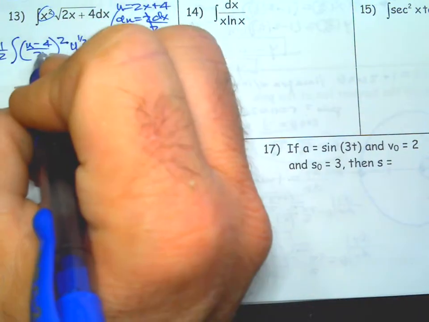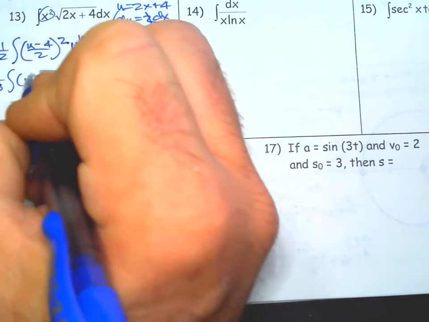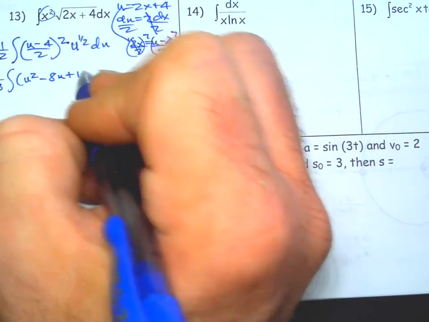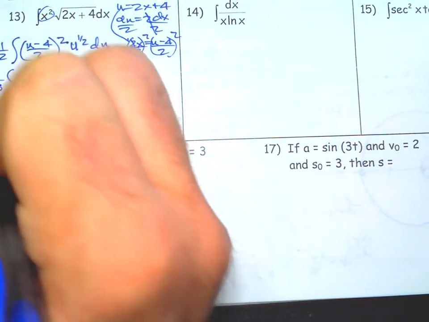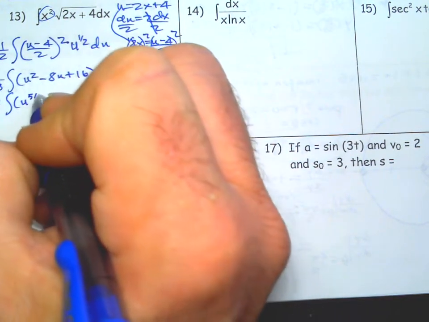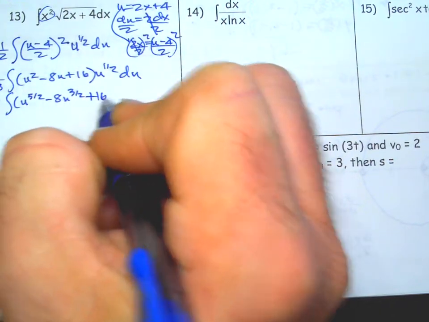And then I could bring this out in front, it's 1/8. And so now this is u squared minus 8u plus 16, u to the 1/2. So I'm going to multiply this all out. And so I'm going to get u to the 5/2 minus 8u to the 3/2 plus 16u to the 1/2.